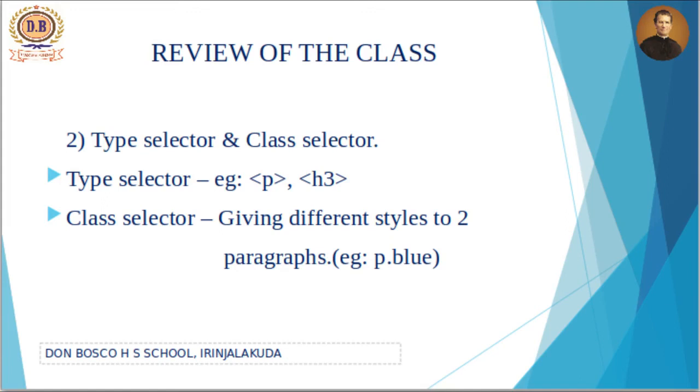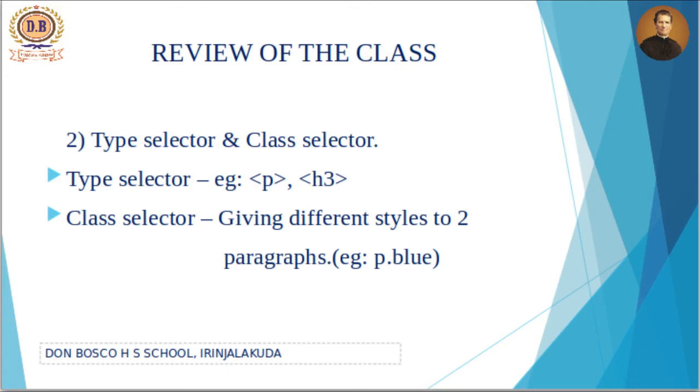Type selector means in one web page a tag is used several times to indicate the same property. For example, for paragraph, P is the type selector, and H3 tag is used for specifying headings. That is a type selector.